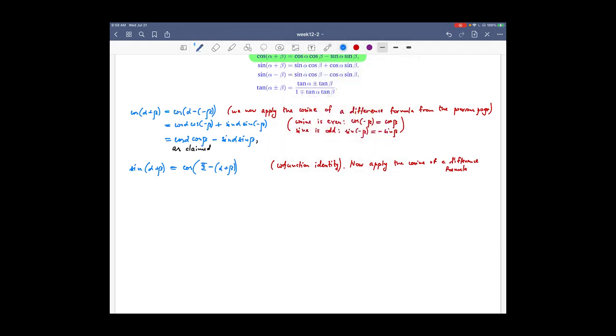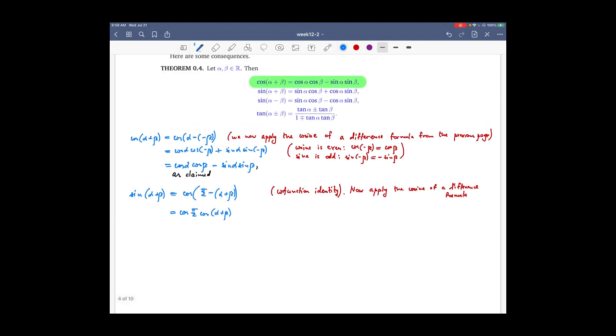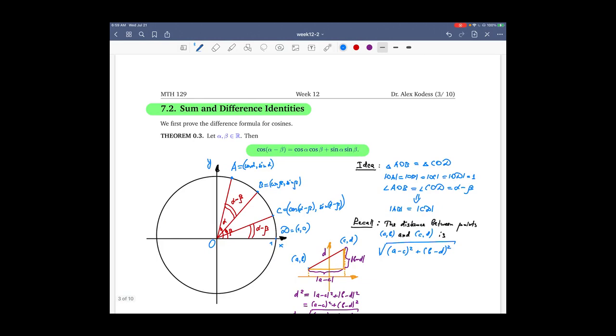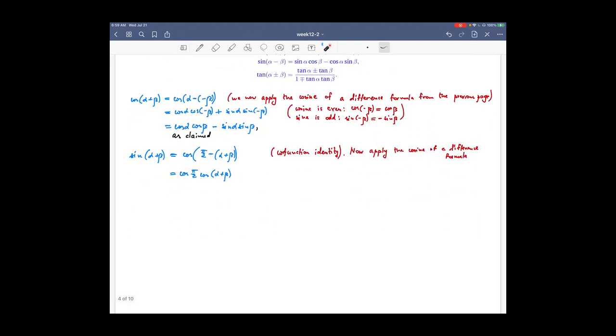Cosine of a difference, again, is cosine pi over 2 times cosine of the other guy, alpha plus beta, plus, remember there's a plus here, sine pi over 2 sine alpha plus beta.